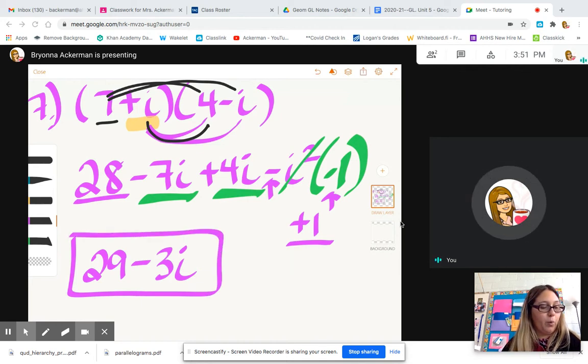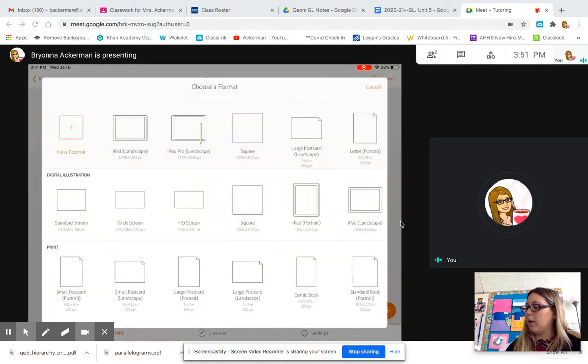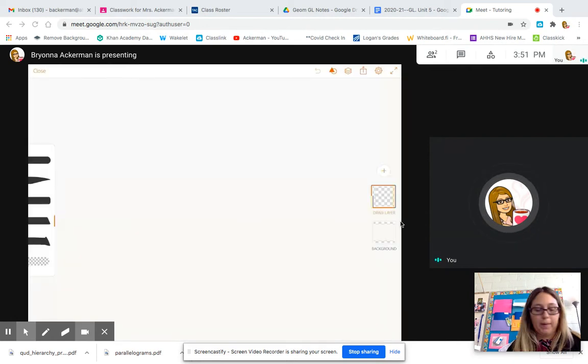So very important that you replace that i squared because it's going to simplify down and change into a real number. The last one I'm going to do with you for practice is number 10, because number 10 has a multiplication and a subtraction in it at the same time. And so it's just a little bit more steps, but it's not too bad.